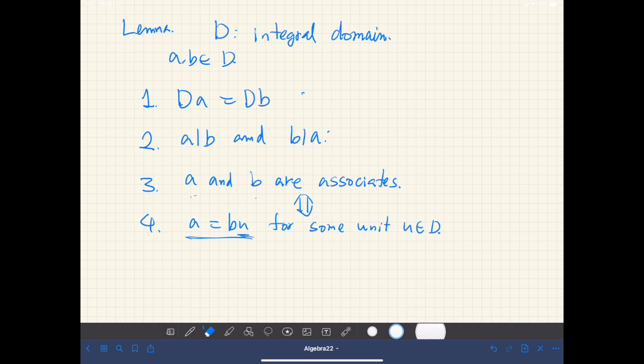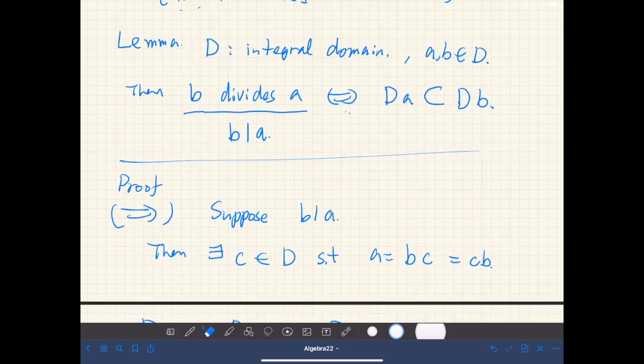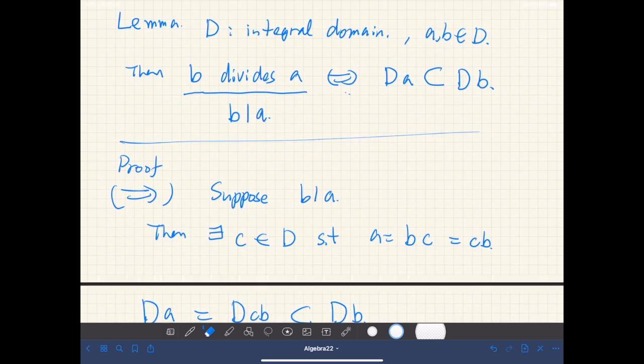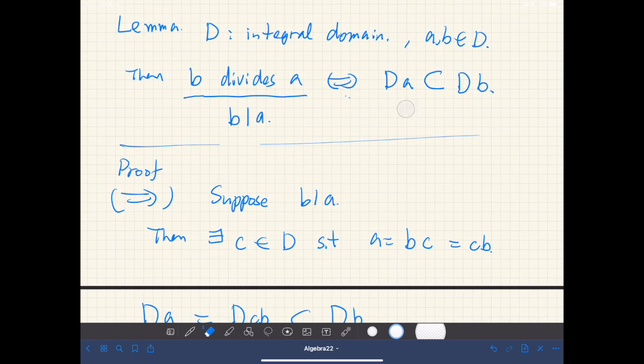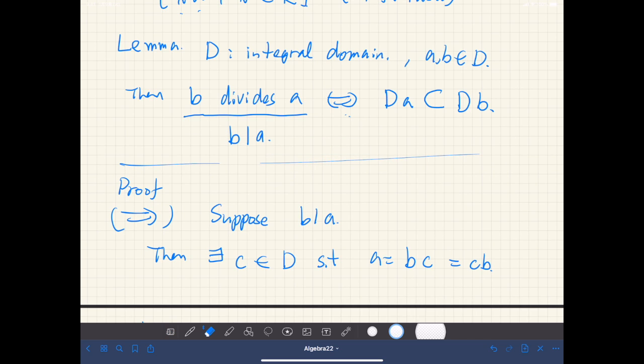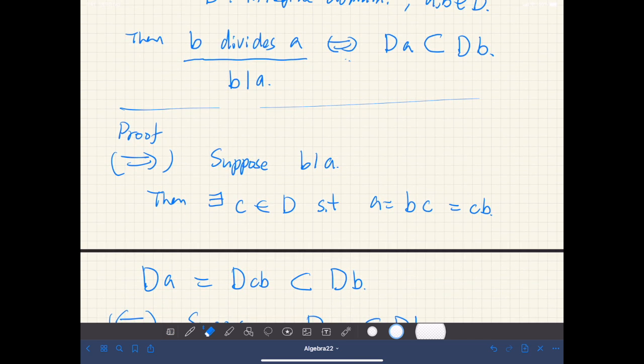So from the previous lemma, if B divides A, then dA is a subset of dB. And in addition, if A divides B, then this is equivalent to dB being a subset of dA.